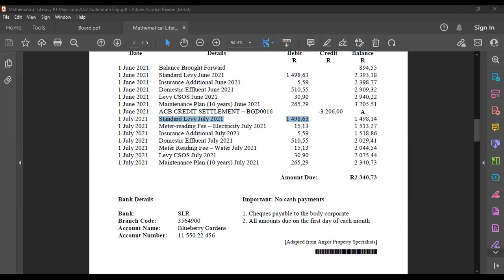And school fees end in November. So for transport you must multiply by 11, and the answer you get is 11,148.